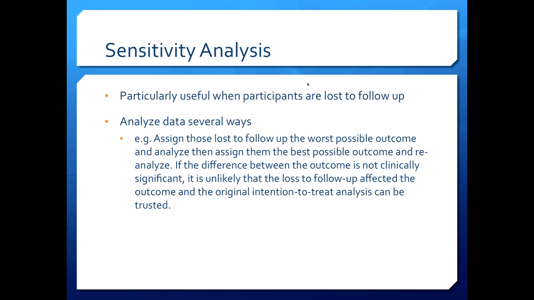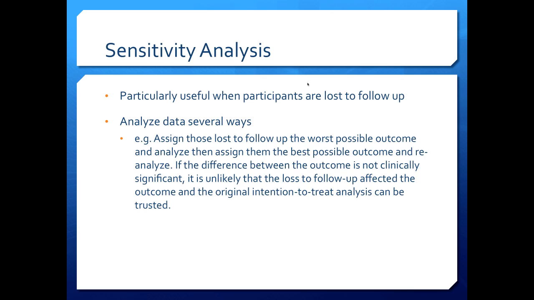So, what do you do if you are missing a bunch of outcome data? There are many different methods of intention to treat analysis taking missing data into account. You could assign those lost to follow-up the best or the worst possible outcomes. You could extrapolate the trajectory of their early data to an expected final outcome.